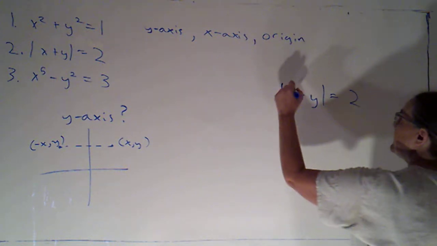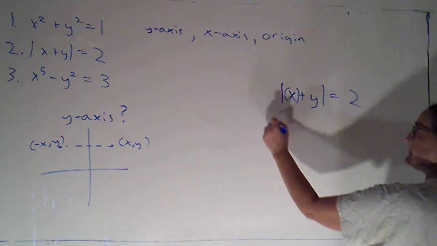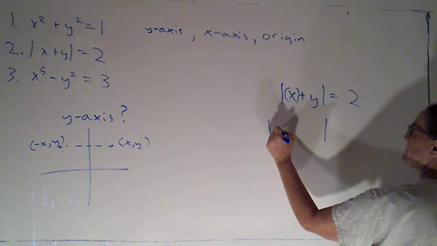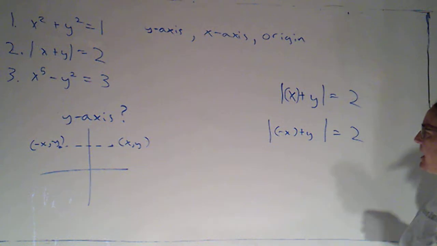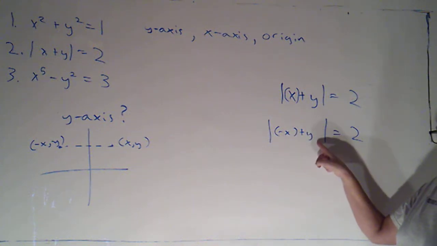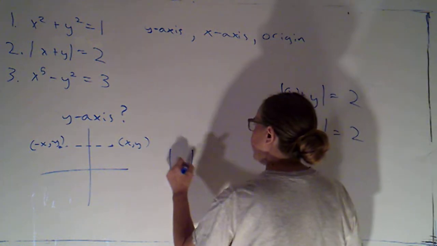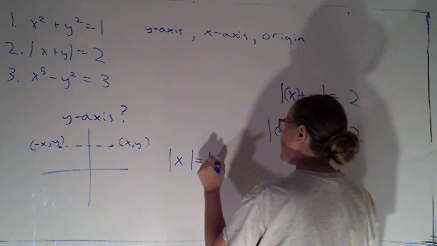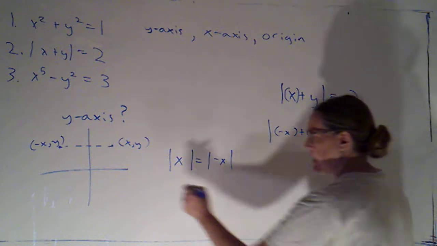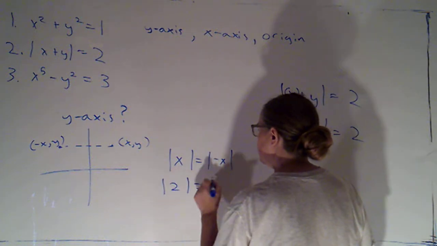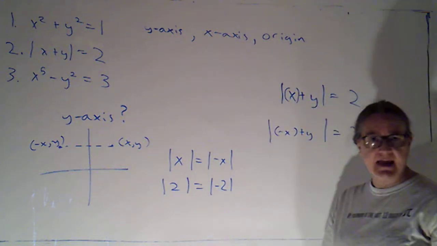So I'm going to take this x and I'm going to replace it with the opposite of x. Now be very careful here. If I have the absolute value of x, that's the same as the absolute value of the opposite of x. That's definitely true. So for example, the absolute value of 2 is the absolute value of negative 2.